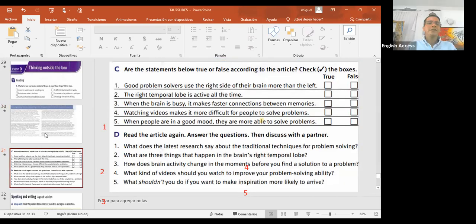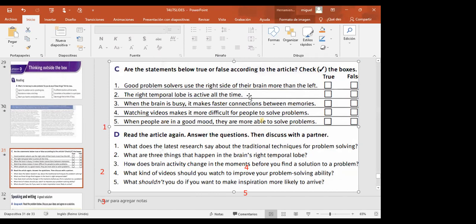All right. From this article, we have these questions. These questions are about true or false. Felix, can you read the instructions here, please? Letter C. Yes, teacher. Are the statements below true or false according to the article?